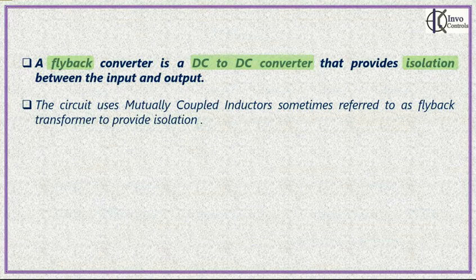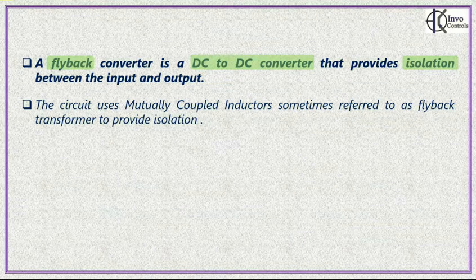I would like to dwell a little more on the isolation topic. In this circuit, energy from the supply is stored in one interval. Maybe we can call it as T on. At that time, source is connected and load is disconnected. And in the subsequent interval, energy stored is delivered to the load.